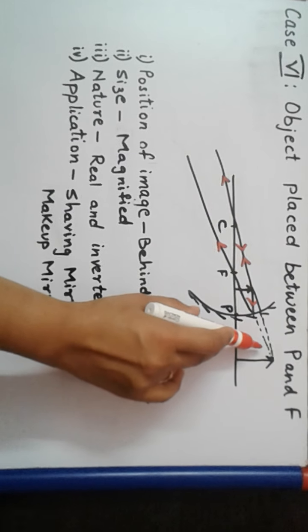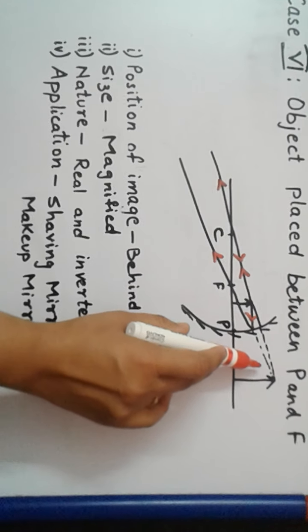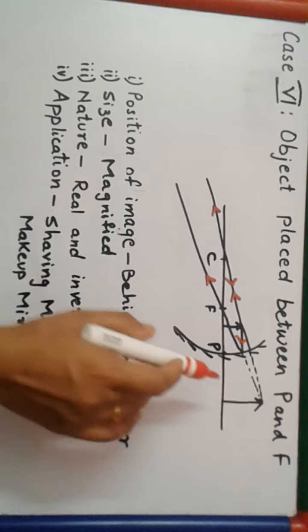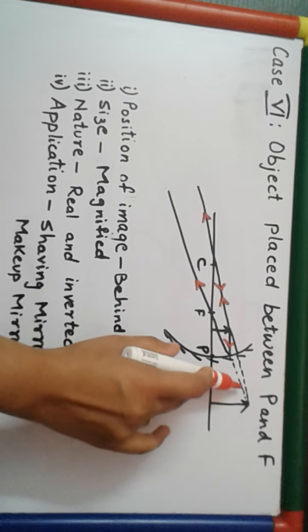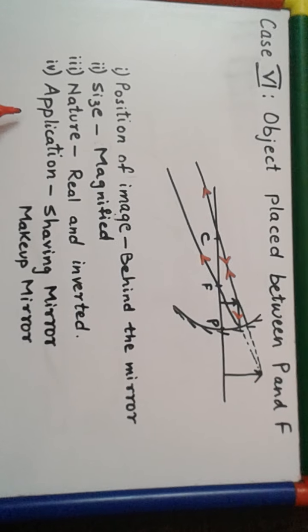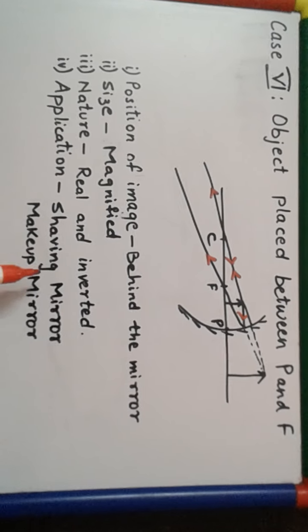So these are imaginary rays, and when these rays meet then they make the image at that particular position. The rays meet behind the mirror, and that's why we have written position of image behind the mirror. Size is magnified, nature real and inverted, and application it can be used in shaving mirror or in makeup mirror.